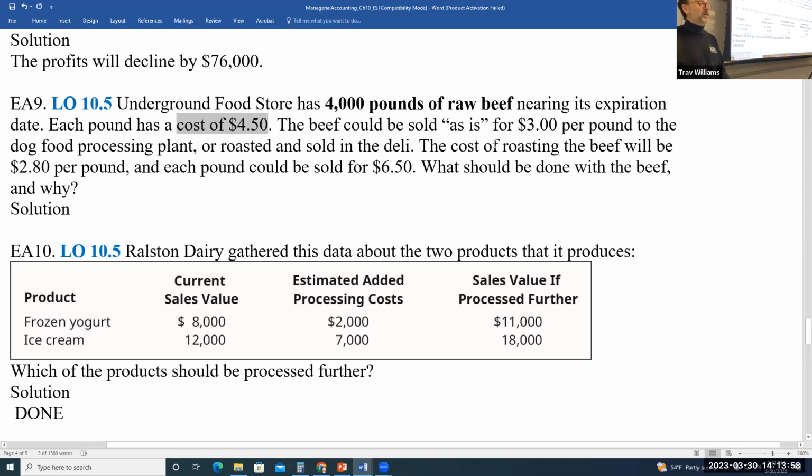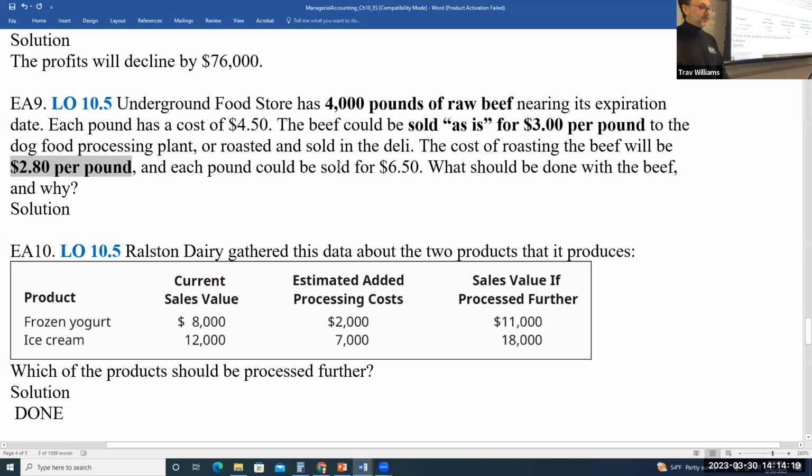Their options at this point are they can sell the beef as it is for $3 per pound to the dog food processing plant, or they could roast the beef and sell it in the deli. If they roast it, it's a cost of $2.80 per pound, and they can sell it for $6.50.